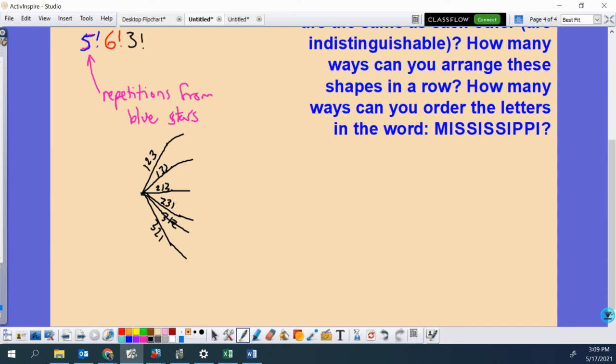Now, for the blue stars, there's 5 factorial different orderings. That's 120. So I would now need 120 blue branches in my tree diagram off of each one of these. I need 120 of those to show all of the different orderings of stars 1 through 5. So I would have like 1, 2, 3, 4, 5, 1, 2, 3, 5, 4, and so on for each of these.